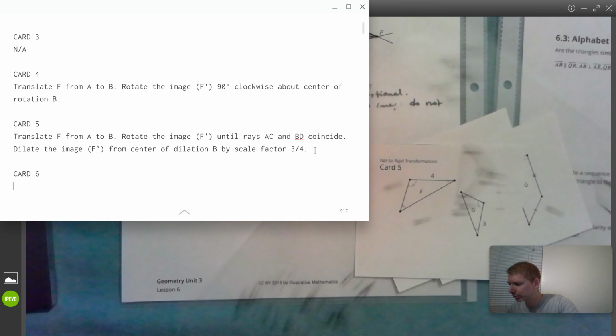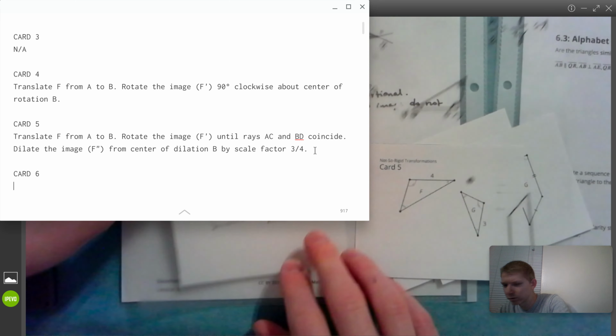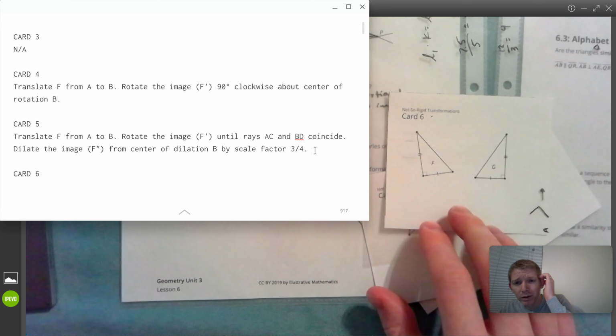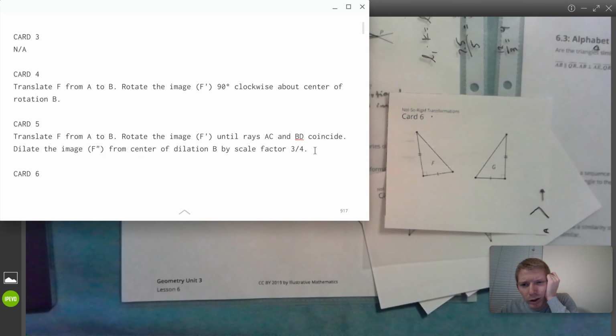All right. So for this one, let's put this right here. There's a good place. Okay, so this one, it looks like we're probably going to need a translation, rotation, and reflection for this one.